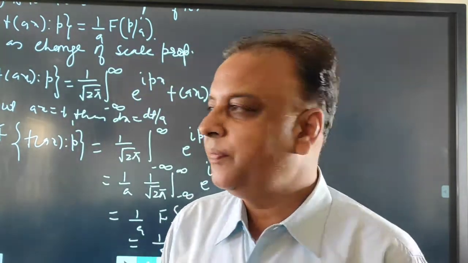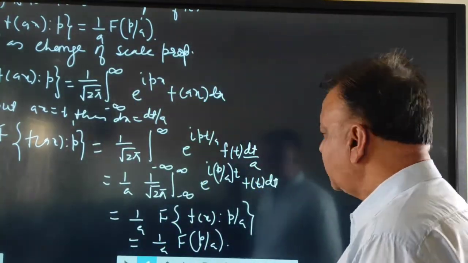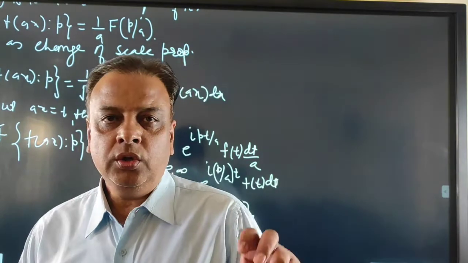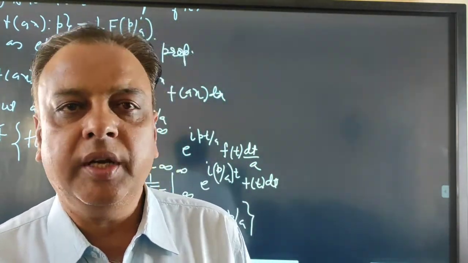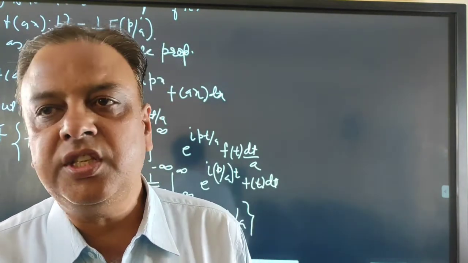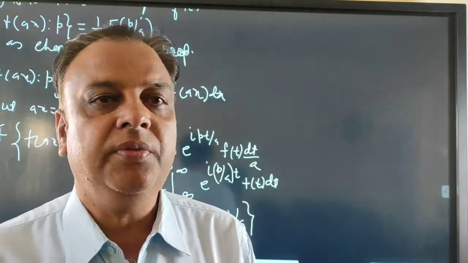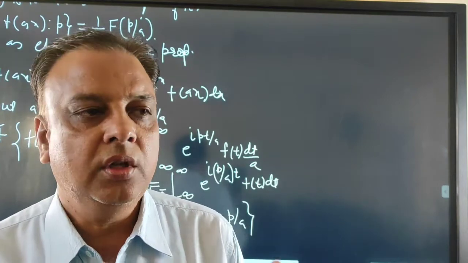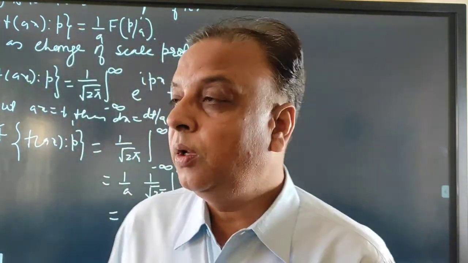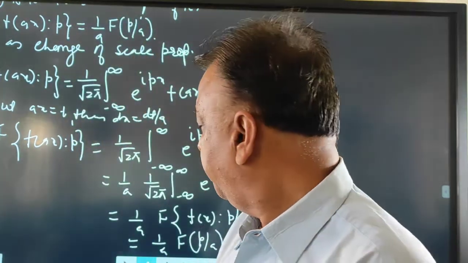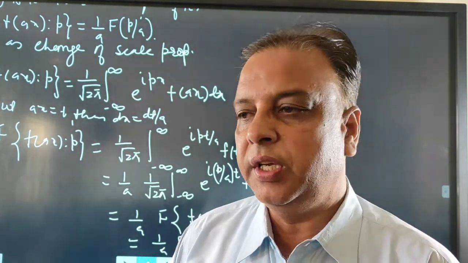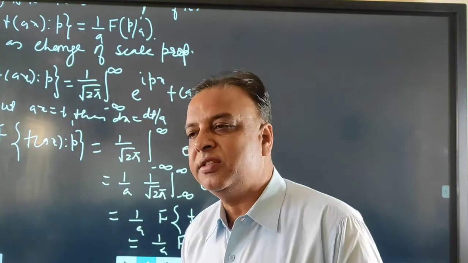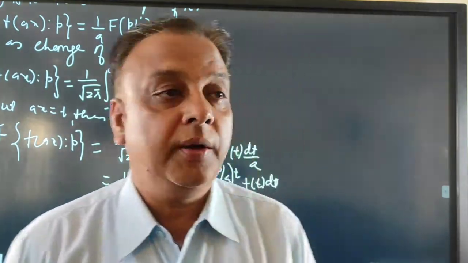This is known as the change of scale property. So if the Fourier transformation of a function f(x) is given as F(p), then if x is replaced by ax, the Fourier transformation of the function f(ax) is equal to 1 upon a into F of p upon a, which is the required transformation, and it is known as the change of scale property.